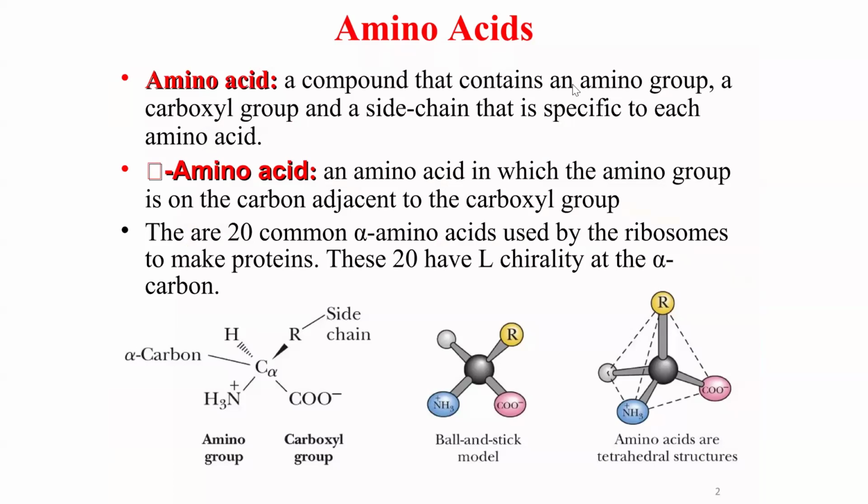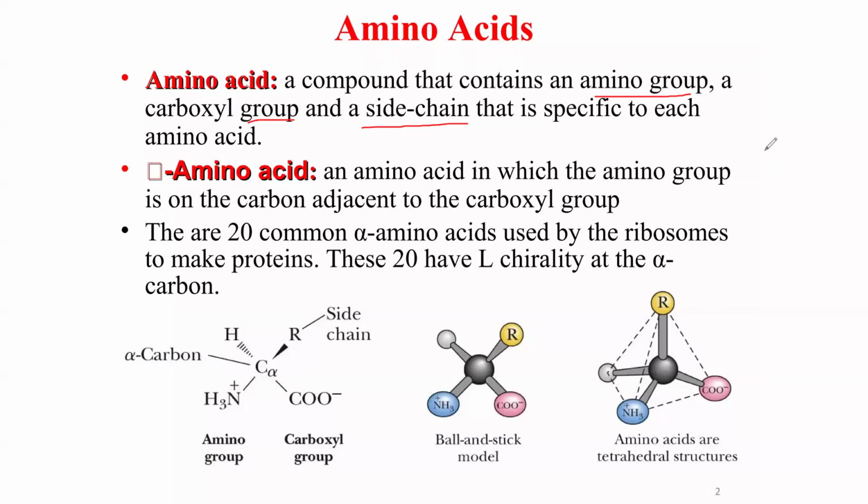Whenever we talk about amino acids, the first thing that will come into your mind is the structure of the amino acids. And you can't talk about the structure of an amino acid without looking at the amino group, carboxylic group, and a side chain. This side chain is specific to each amino acid.